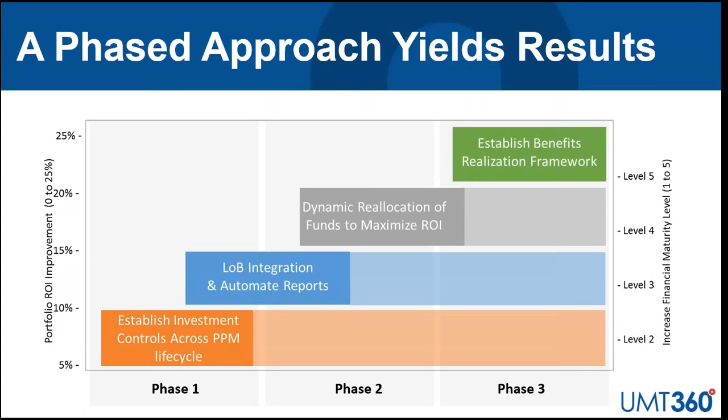So how to get started? Obviously it's an obvious statement, but a phased approach yields the best results. And this is commonly how we see organizations looking to better integrate financial management best practices or investment planning controls across the digital PPM lifecycle. In the first phase, it really is about establishing the investment planning controls.